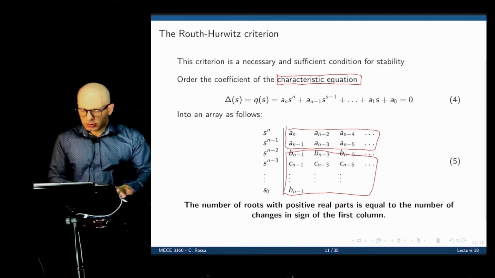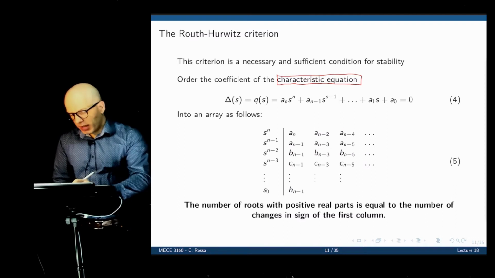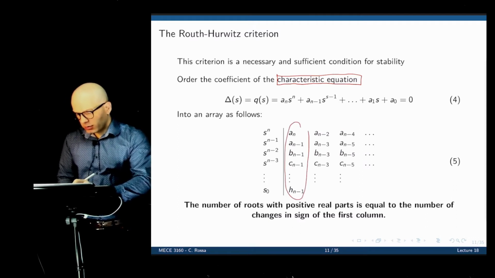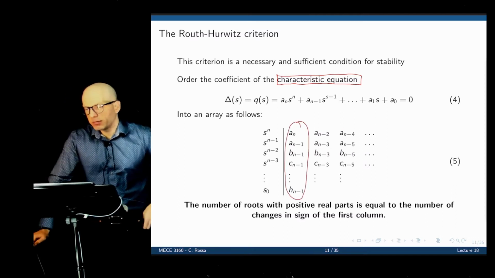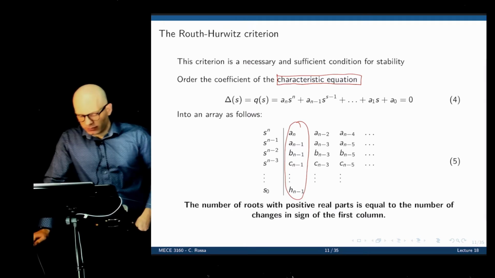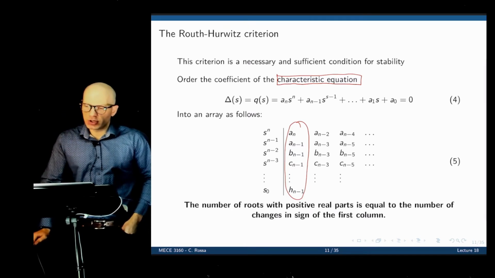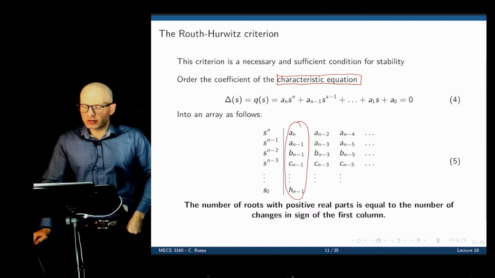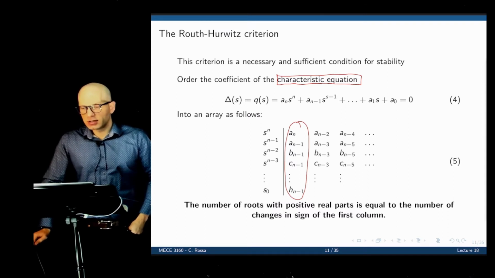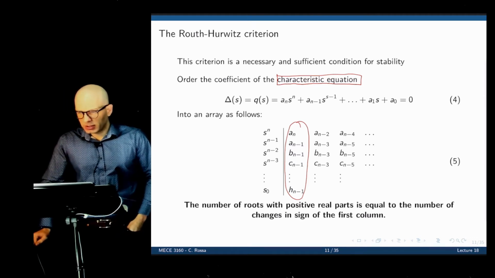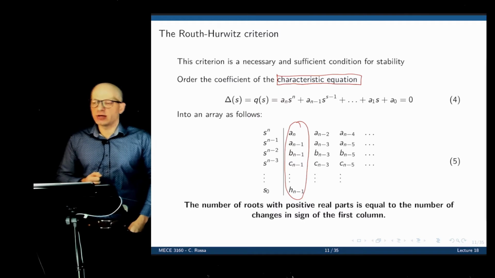Once that is completed, we have to look at the first column here and count the number of times the sign of those coefficients changes. Each sign change in the first column indicates a pole that is in the unstable region. So a sufficient and required condition for stability is that this column never changes sign.